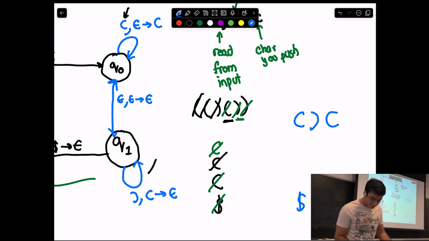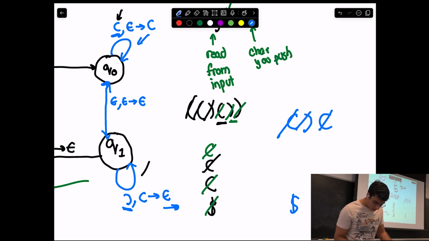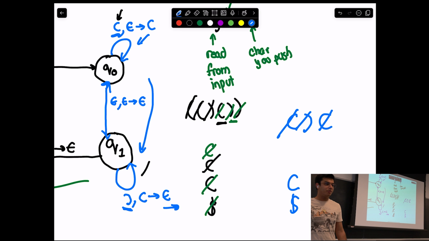So we have our dollar sign, we push open onto the stack, right? We move down, and then we read the close parenthesis, we pop the open off of the stack, and then we epsilon transition. Then we go back up, we read an input string, open, right? We pop nothing off of the stack, push the open parenthesis onto the stack. And then we come back down here, and then I don't think we can do anything.